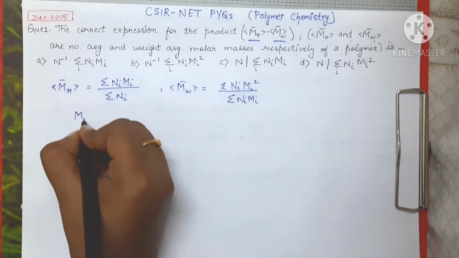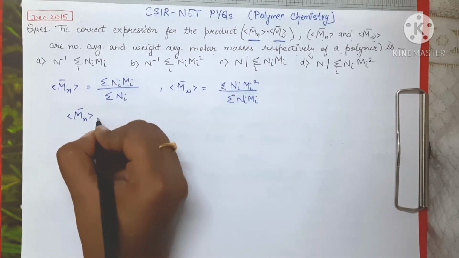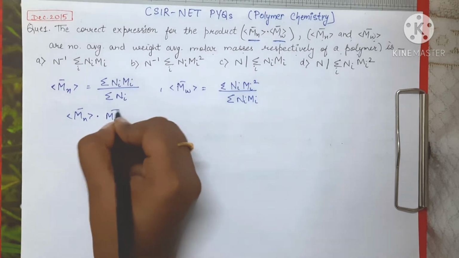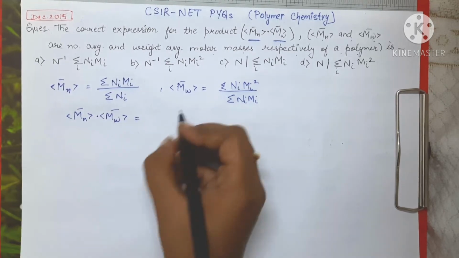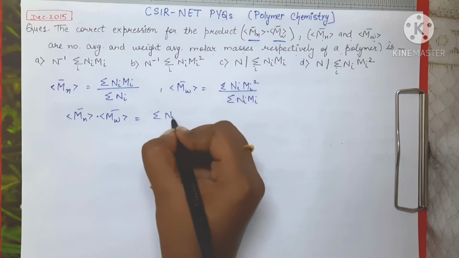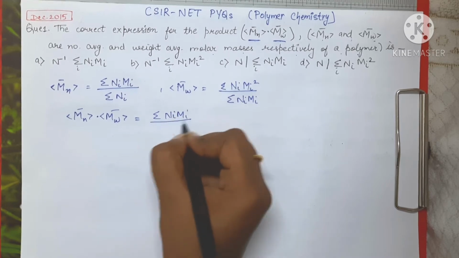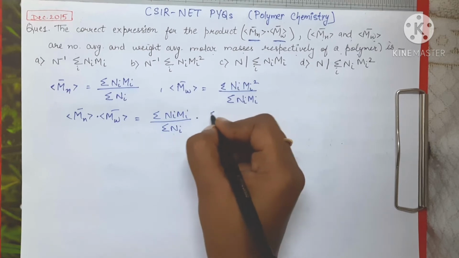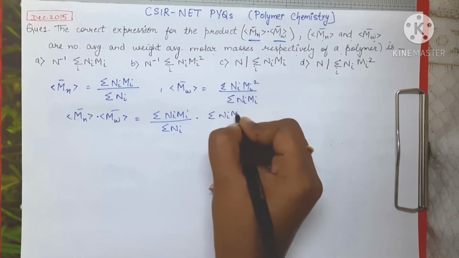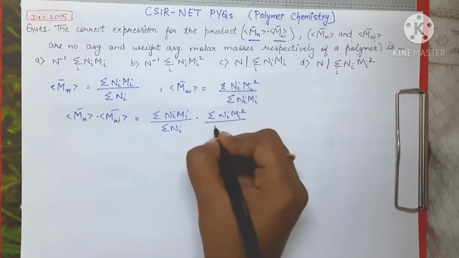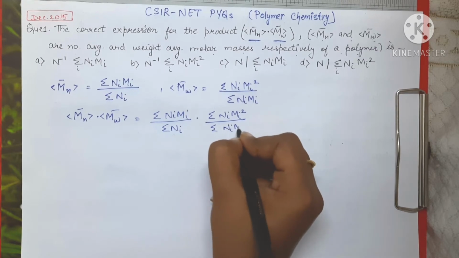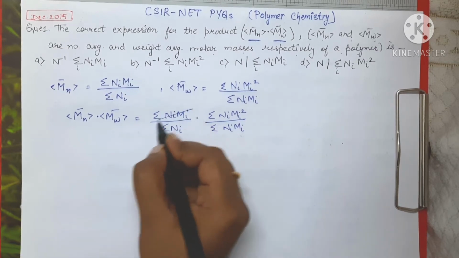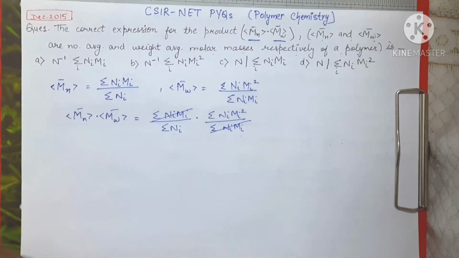So basically Mn multiplied by Mw will be equal to sigma Ni Mi upon sigma Ni multiplied by sigma Ni Mi square divided by sigma Ni Mi. So these two terms will cancel out each other.